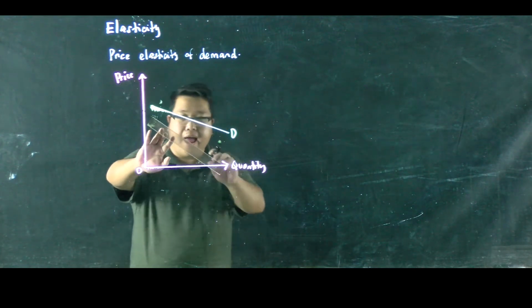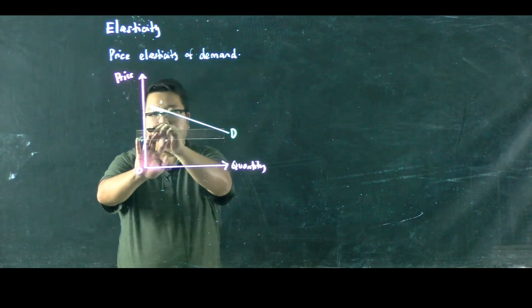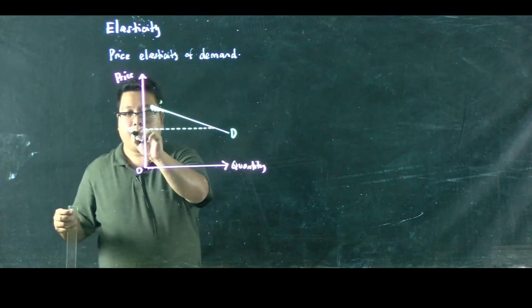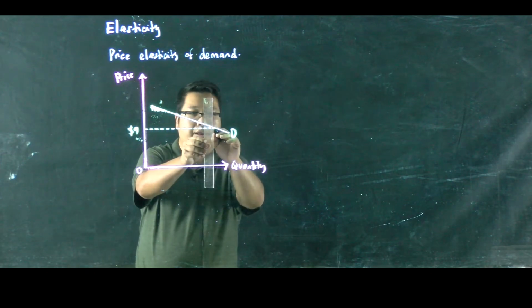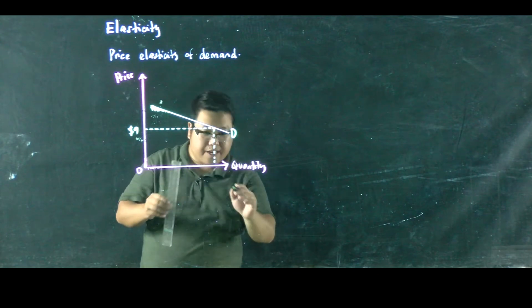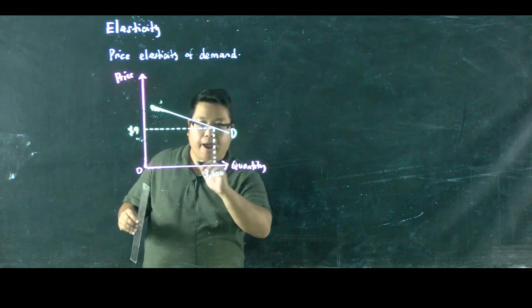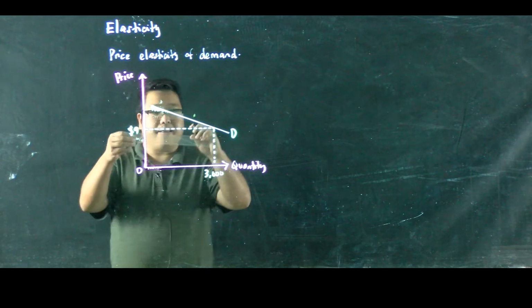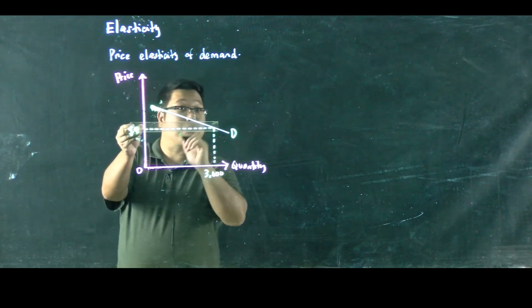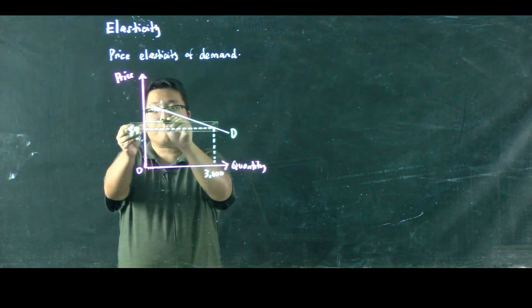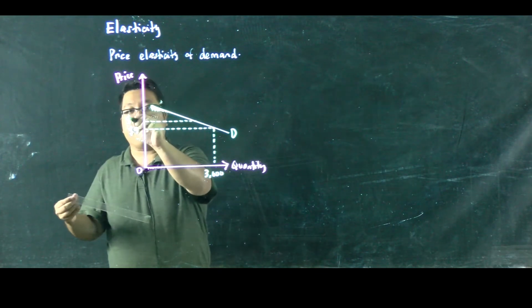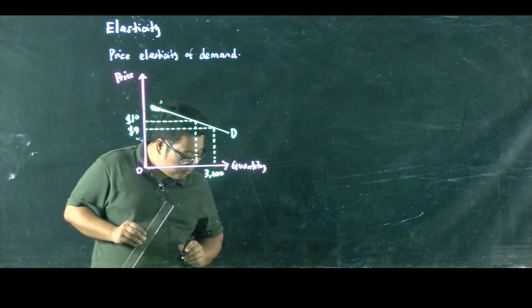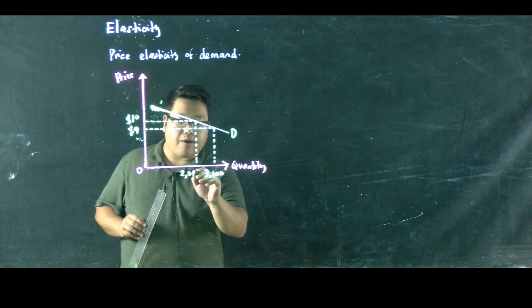Let's say that the price is at $9 and quantity is at, let's say, 3,000 units. Okay. And let's say the price has increased to $10. Again, my graphs are not sketched to scale. This is $10. And let's say that quantity has decreased from 3,000 to, let's say, 2,000 units.